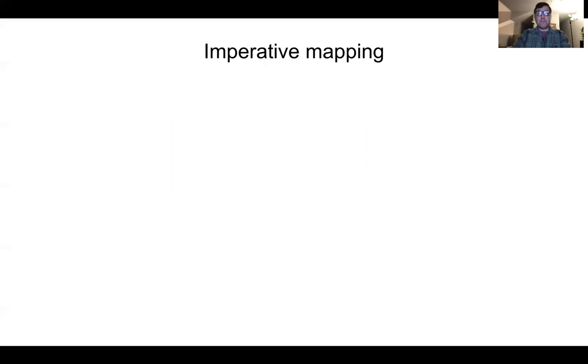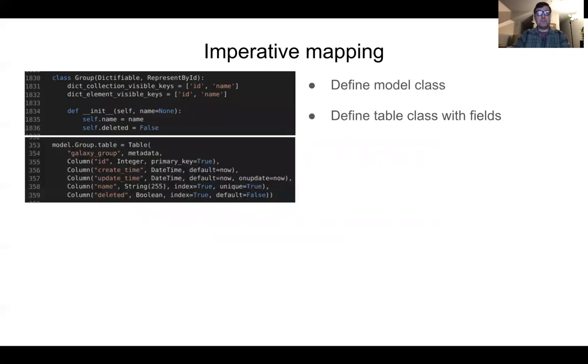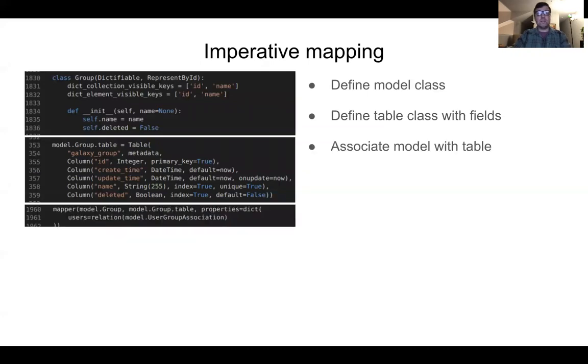In the current system, when we add a new model, we define the model class. However, that class definition does not include the attributes mapped to the fields in the database table. Instead, we define those attributes in a table class in a separate module. Furthermore, we need to explicitly associate the model class with its table object.